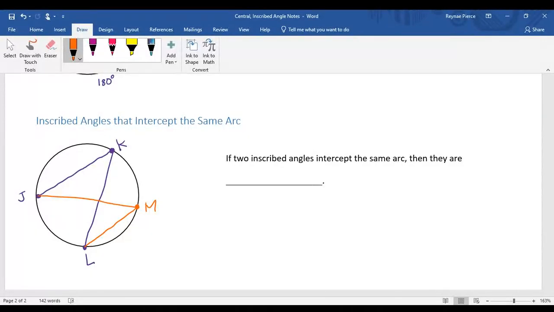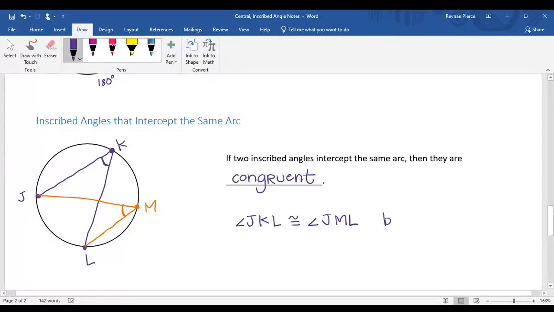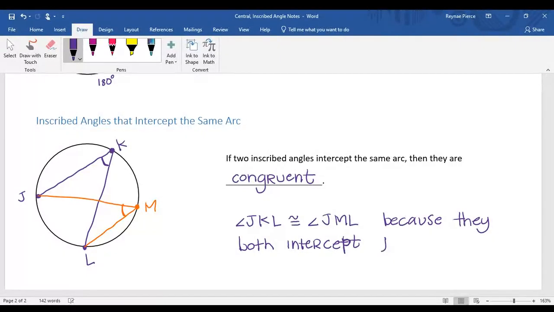If we've got two inscribed angles that, when you follow their sides out, intercept the same arc, those are congruent. So angle JKL is congruent to angle JML because they both intercept arc JL.